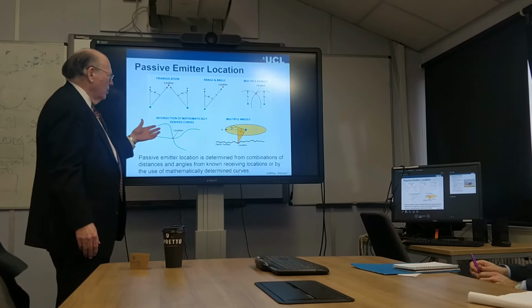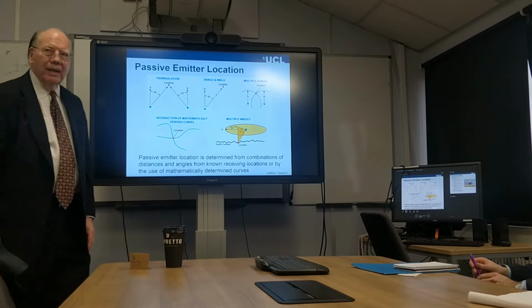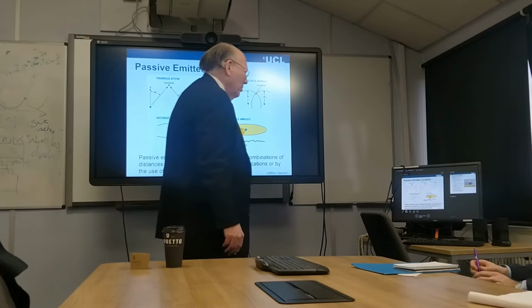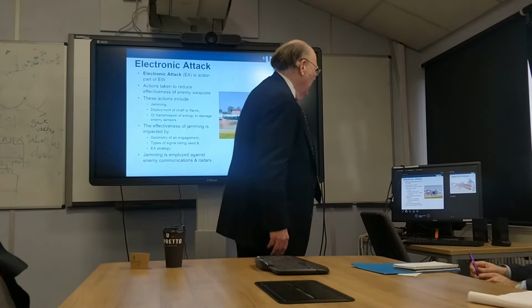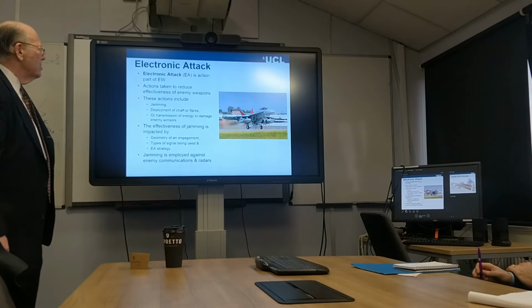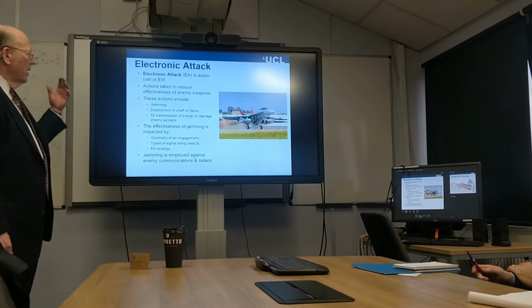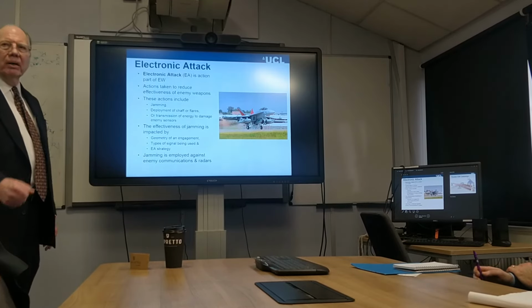We could have other approaches which are a little more sophisticated that may or may not be used. And then another very important piece of electronic warfare is what we call electronic attack. It's the action part of EW.